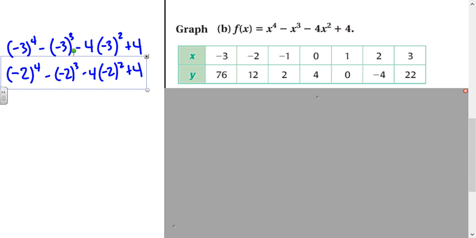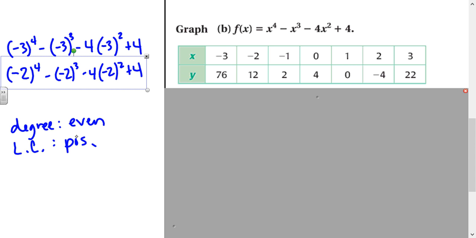So then we're going to check end behavior. So if we look at our function, is our degree even or odd? It is even. And is our leading coefficient positive or negative? Well, the number in front is just a 1, so that would be positive. So what does the end behavior do?